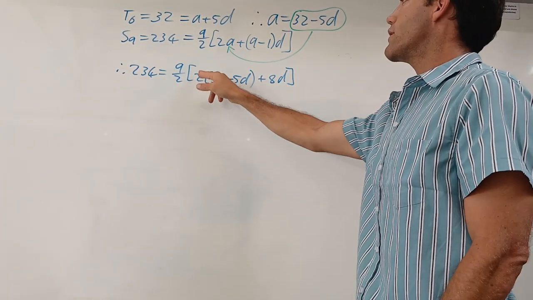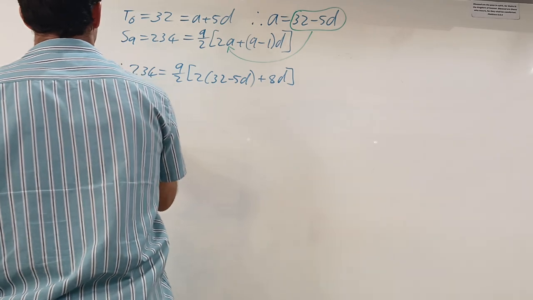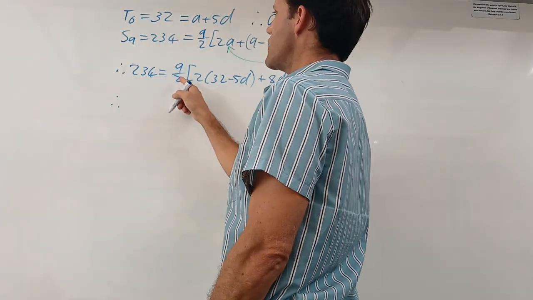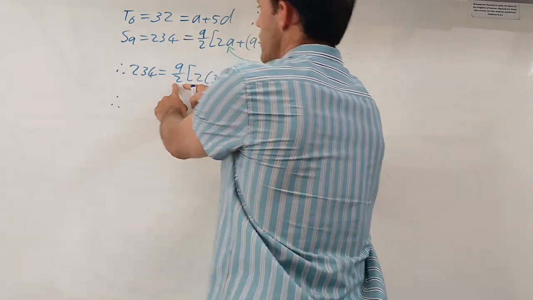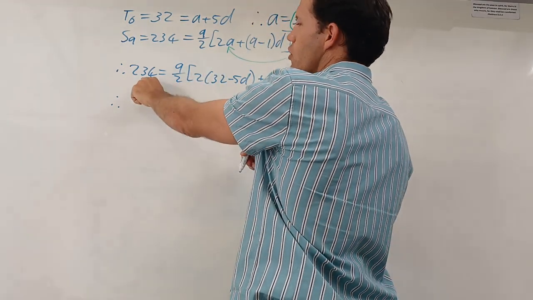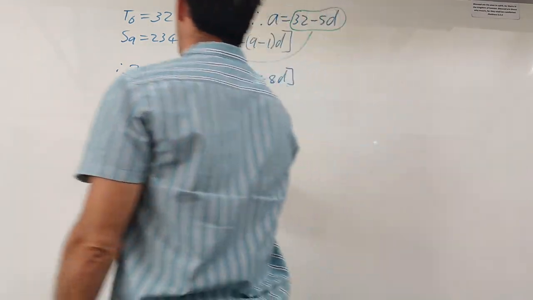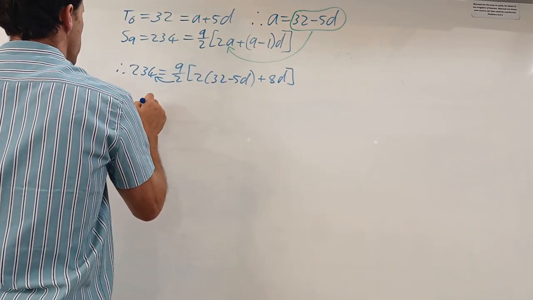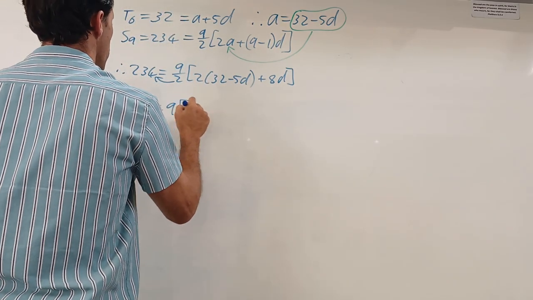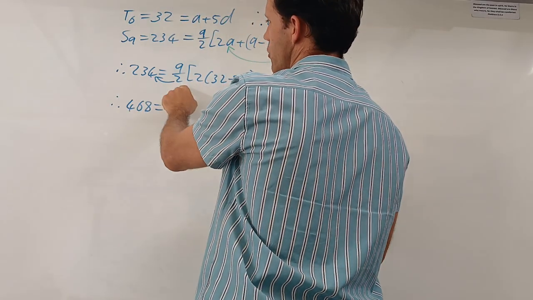Now we can multiply the 2 in here. If you want to, you can already take the 2 over. Remember, this is a fraction, and this is the denominator, so you can cross multiply. To save time, you can multiply it over. So you get 468 is equal to 9, we just cross multiply the denominator.